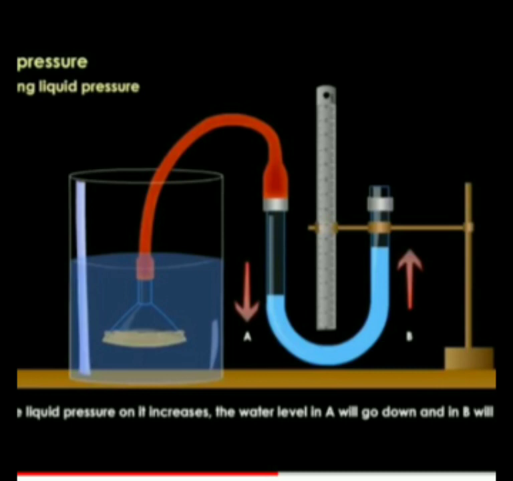Further, students, in short, we can say that due to this shifting of mercury from the left arm of the U-shaped tube to the right arm, a difference is created between the levels of mercury in the U-shaped tube, and as the difference increases, it shows more pressure is exerted by the liquid on the funnel.